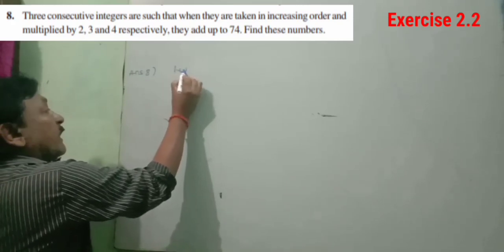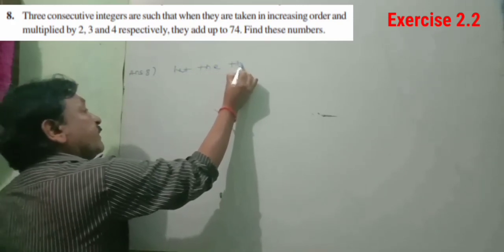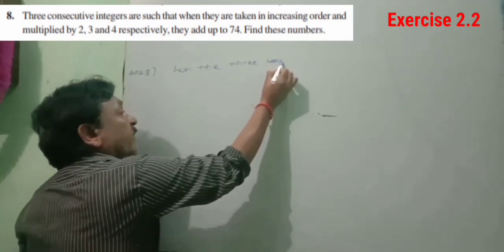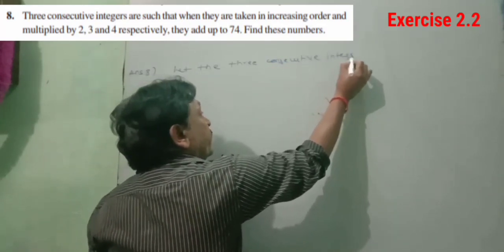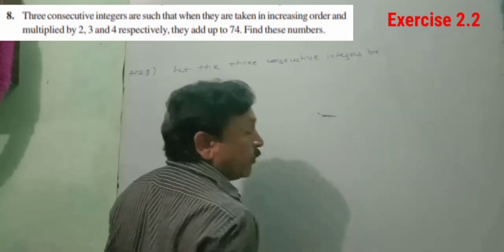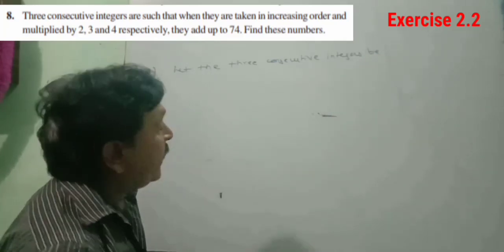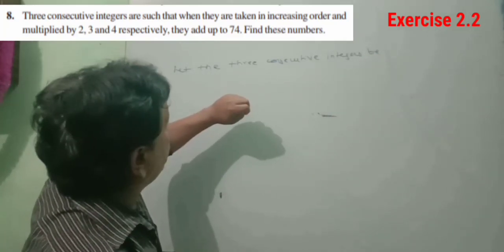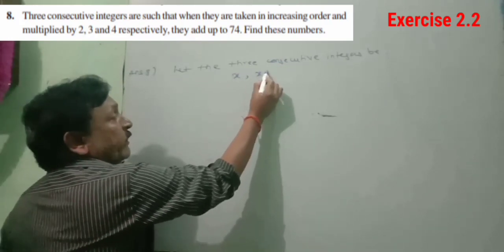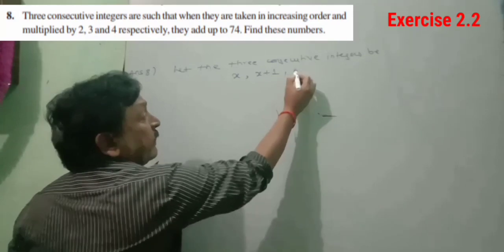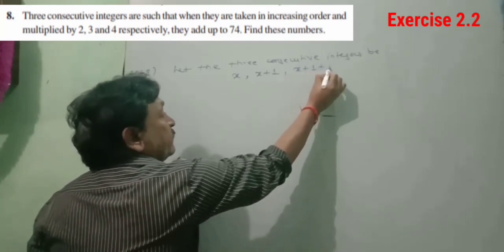Okay. So let the 3 consecutive integers be. I had just explained to you one or two questions back how to take 3 consecutive integers. So it can be first one x, second one x plus 1, and third one x plus 1 plus 1.